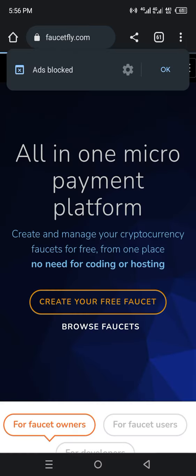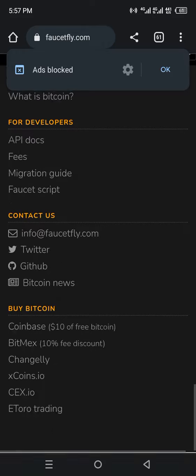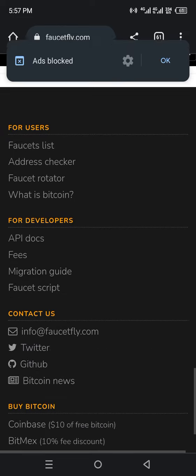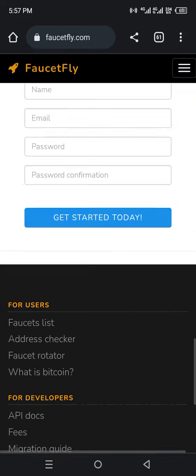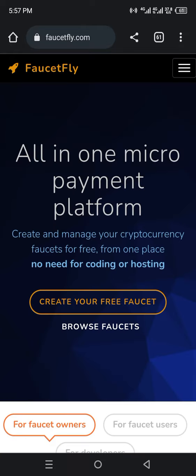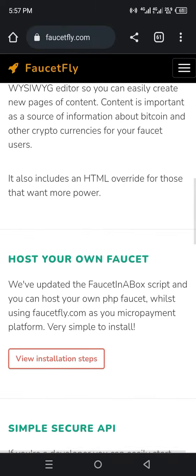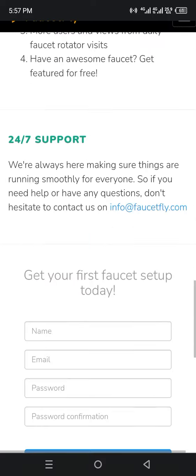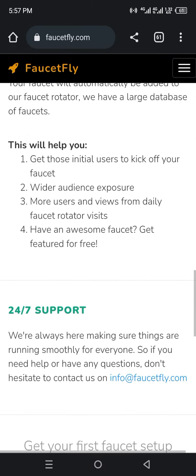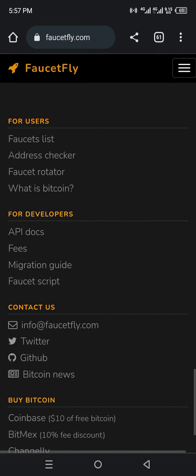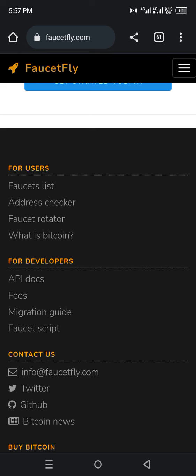So yeah, this is the website. It will help us explain what Bitcoin is, where you can buy Bitcoin, whatever Bitcoin issue you want to address. This site is the best for you. In this website you can also earn free Bitcoin via the faucet, but that's not what I'm gonna teach today. I just want to explain what Bitcoin is all about. Okay, that's it.